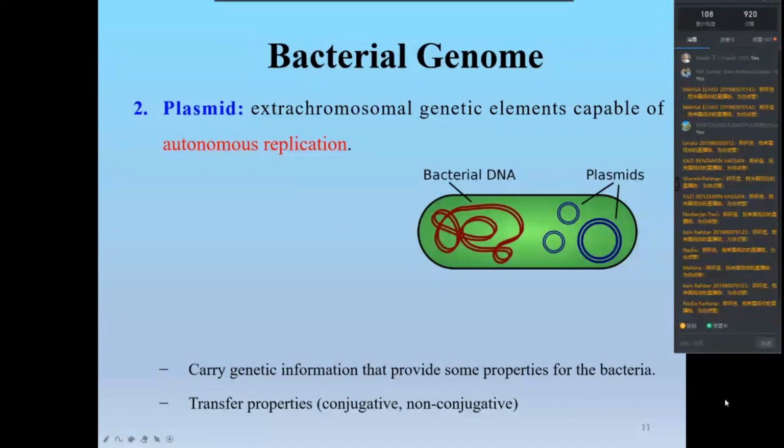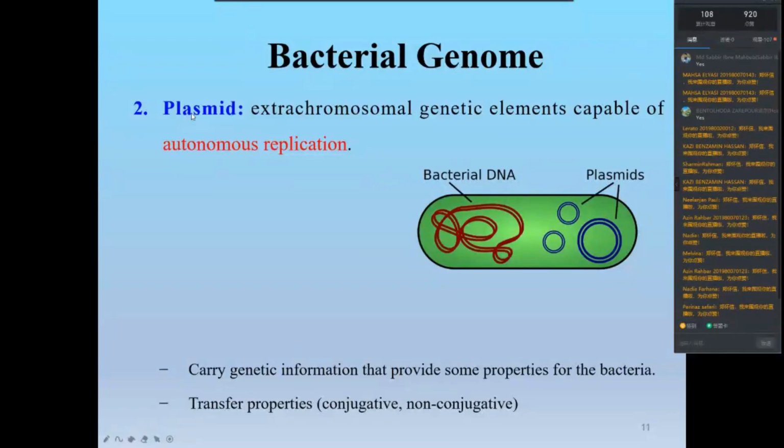Okay, next we'll talk about another component of the bacterial genome. That's the plasmid. Plasmids are small DNA molecules. Here small is relative to the chromosome. They are extrachromosomal genetic elements capable of autonomous replication.